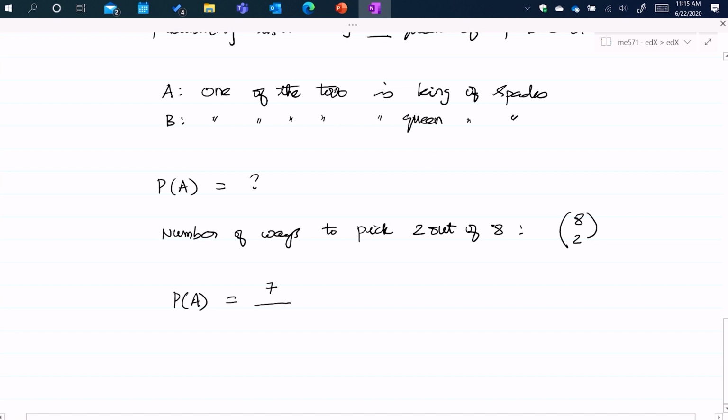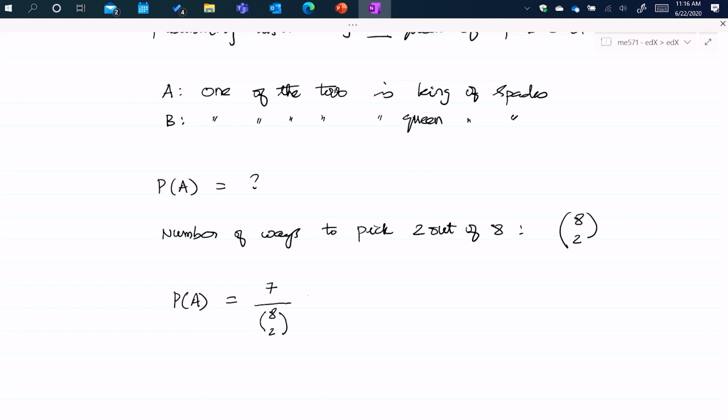However, once I pick the king of spades, there are 7 ways I can pick the second card. And the total number of ways I can pick 2 cards, independent of any restriction, is the combination of 2 items out of 8.